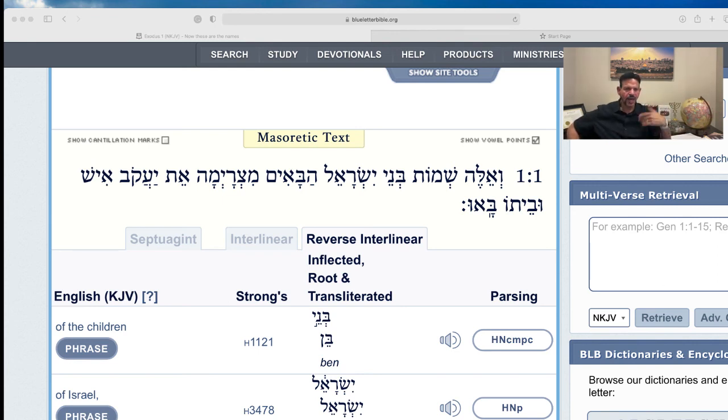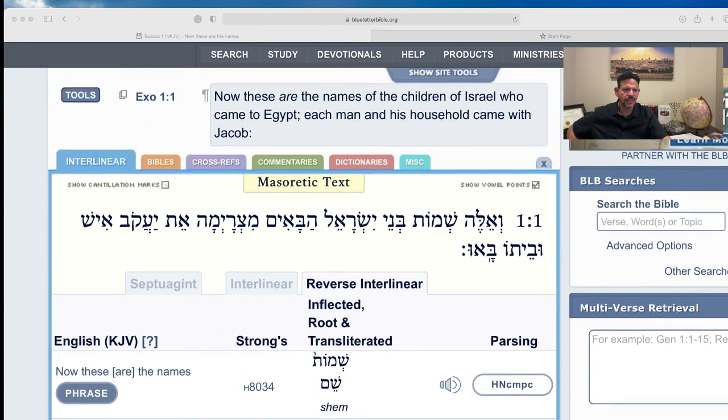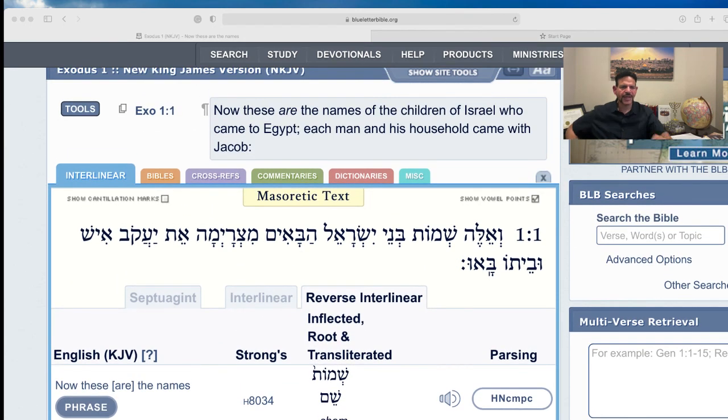So ba is coming, like Abba ba, the father's coming. Ima ba, the mother's coming. But ba'u, the u sound refers to "they." So they're coming. So basically what you have here is, as it says in English, each man in his household came with Jacob.